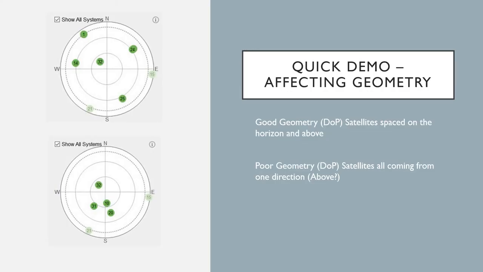So just to give you an idea of what I'm talking about here, we've got a look at DOP. DOP stands for dilution of precision, and generally, if you want your receiver to have a good chance of getting a good position, you want nicely spaced satellites, on the horizon or close to the horizon, maybe one or two above you, but with a good distance between satellites so that you can get a good cross on the ranges from them, and that will give you a good positional fix.